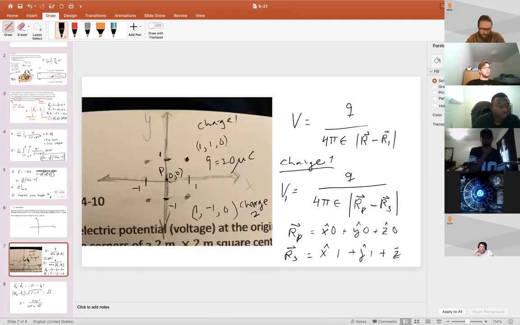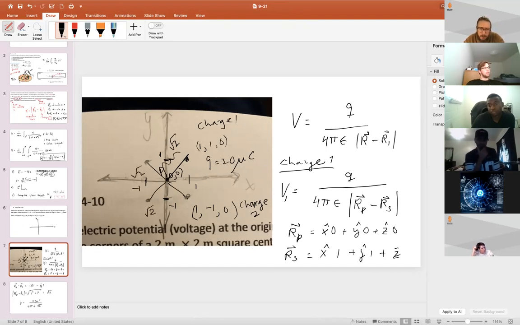Now you might realize, and we're about out of time, that we made a vector from here to here and then found the magnitude, which was root 2. And we have 4 charges. What do you think the magnitude of the vectors for each one of these is going to be? Exact same. They're each going to be root 2.